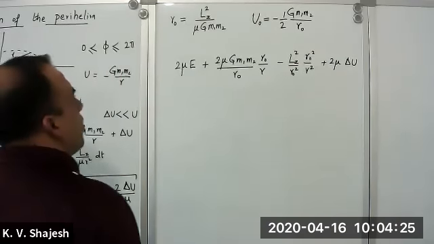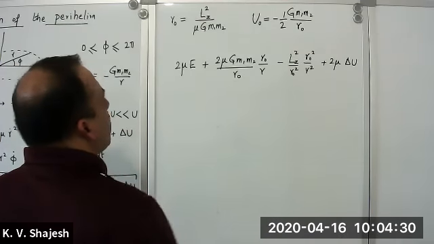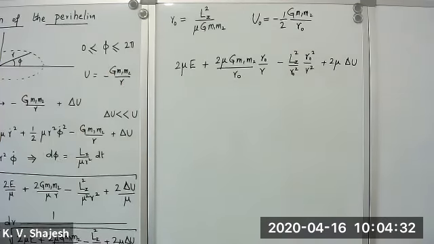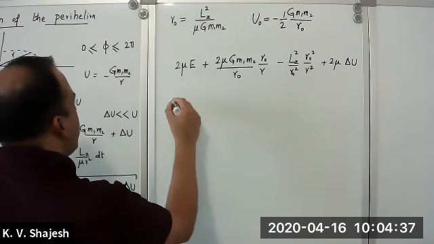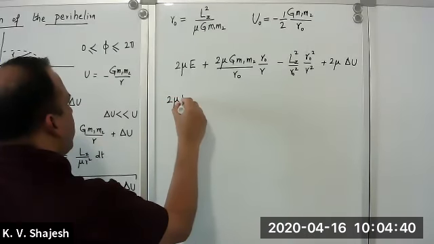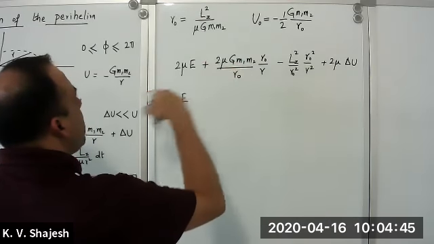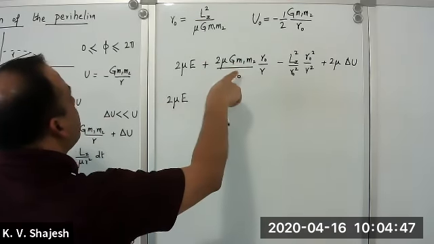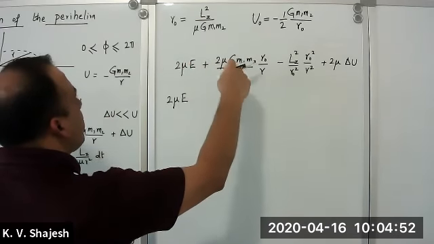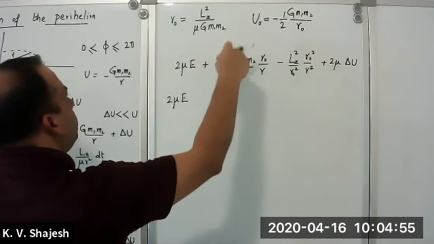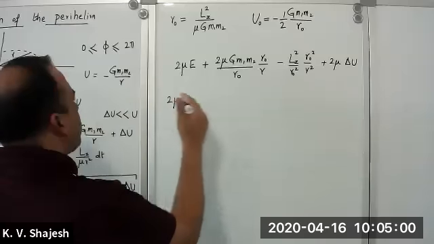What else do I want to do? So that's pretty much for now, and that leads to 2 mu E. This is what was there inside of the square root, right? 2 mu G M1 M2, LZ square. Why is it coming in on the opposite side? I think that's okay, right?